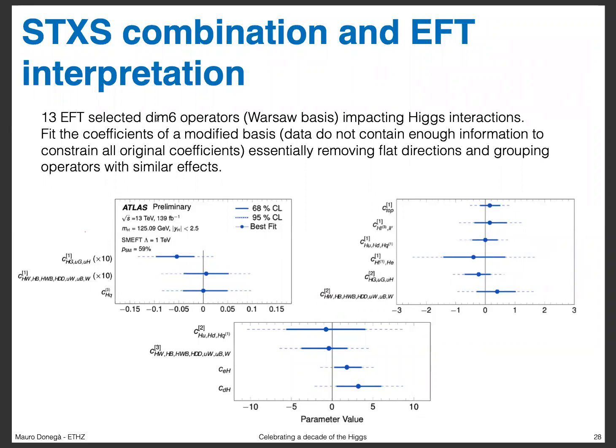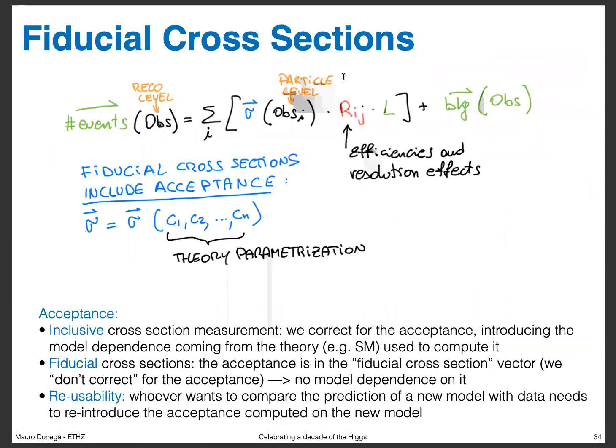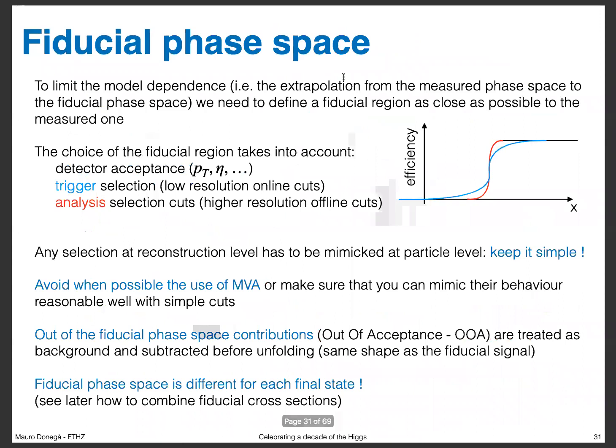Yeah, my question is on slide number 34. One second, 3, 4. Yeah. No, sorry, 33, the one before that, where you said that you have to avoid MVAs in the fiducial cross section. This one. Slide. Yeah, avoid, when possible use MVA. Now, given that most of the Higgs analyses have moved to MVAs, not just BDTs, actually multi-class neural networks, let's say ttH is one example of that.